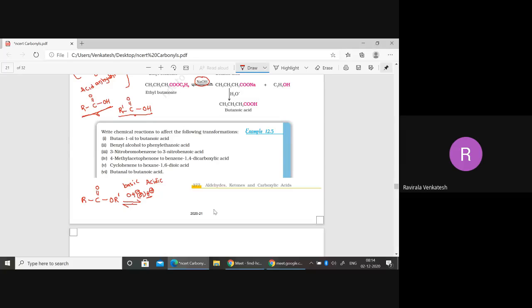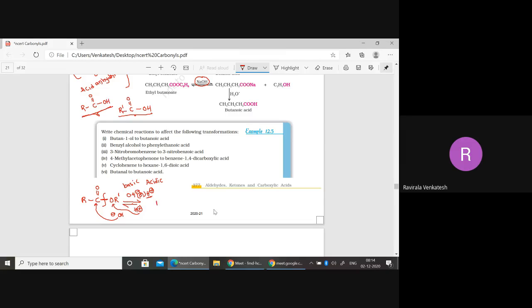Now what happens here? How to make the product? Here we have to break the C–O bond. Now what are we adding? OH minus over here, because carbon is positively charged, and H plus to oxygen, because oxygen is negatively charged.